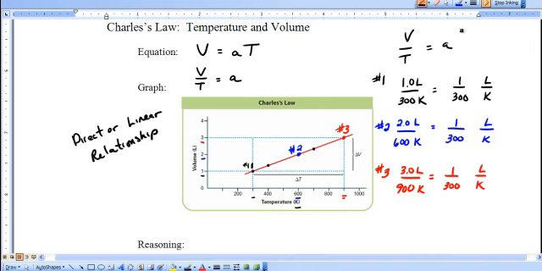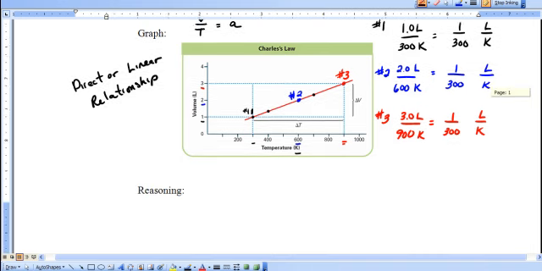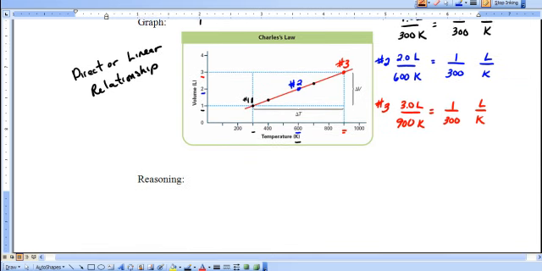Now, the reasoning behind this, as we scroll down, is fairly simple. As you increase the temperature, the particle speed is going to increase. So increase in particle speed. As you increase in particle speed, they collide with the container walls with a greater force.